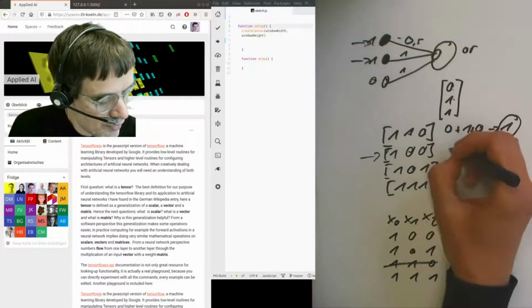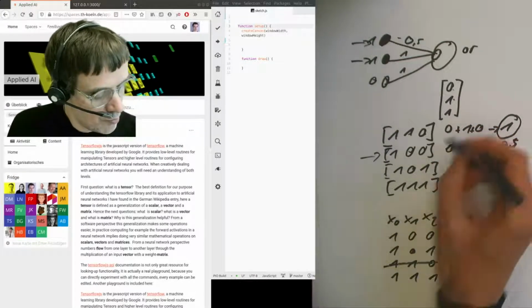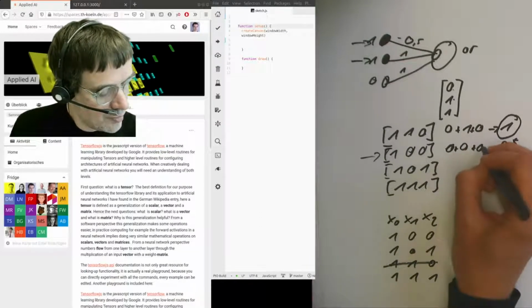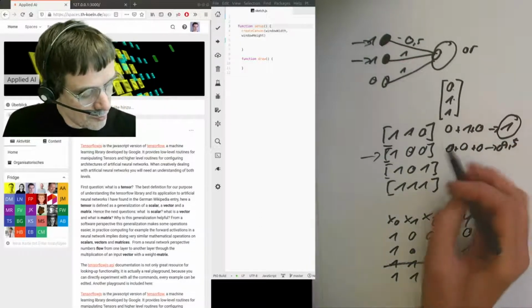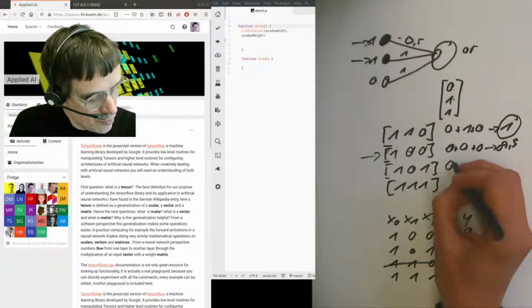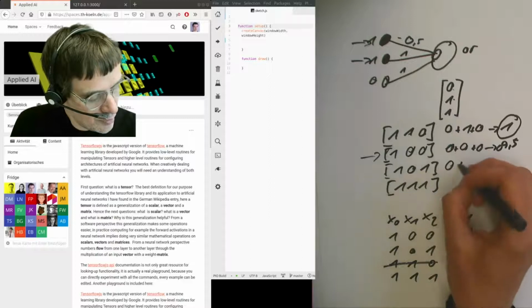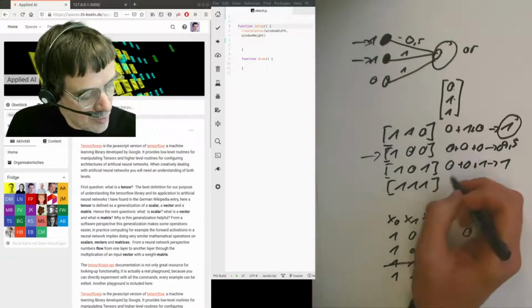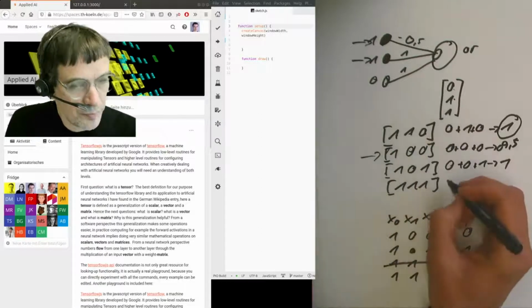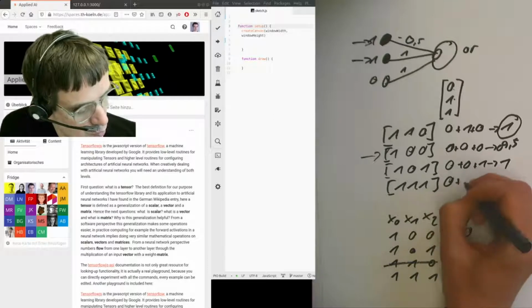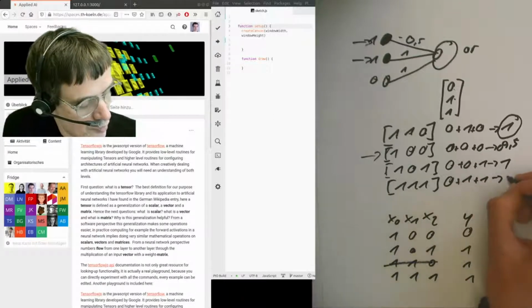So that would be 1 times 0, so that's 0 plus 0 times 1 plus 0. That would be 0. 1 times 0 is 0 plus 0 times 1 is 0 plus 1 times 1 is 1. And then the last one is 1 times 0 is 0 plus 1 is 2.